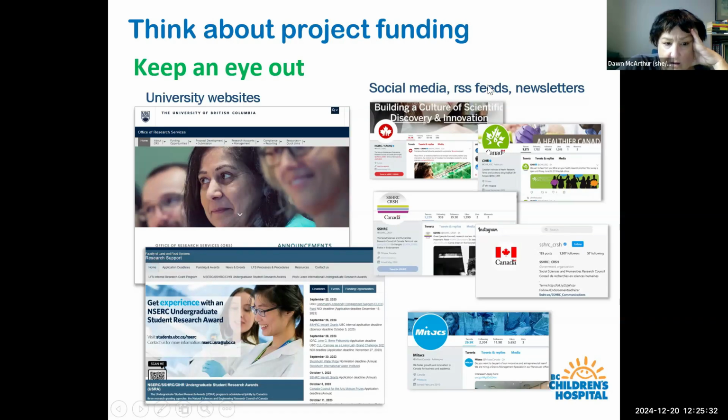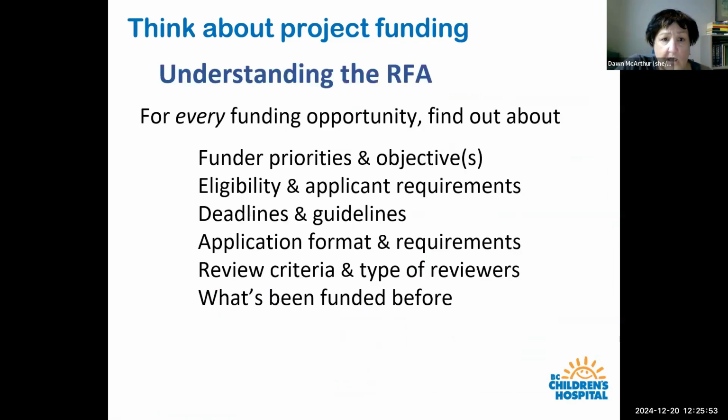And you can also go through social media, RSS feeds, and newsletters. Depending on who your funder is and what you want, everybody's got social media and everybody's got some sort of a newsletter or list. So depending on who you are and what your interests are, you can sign up for the relevant ones. I, of course, have them all.